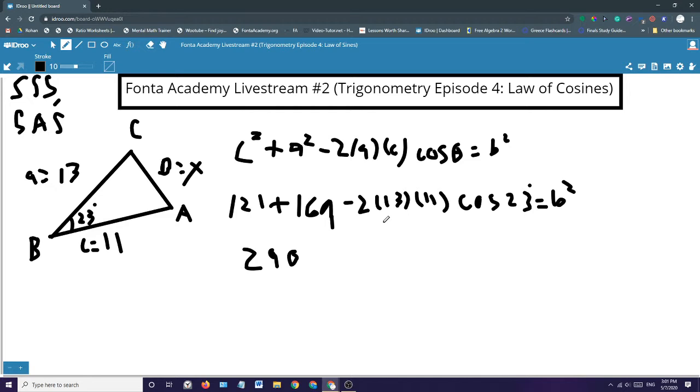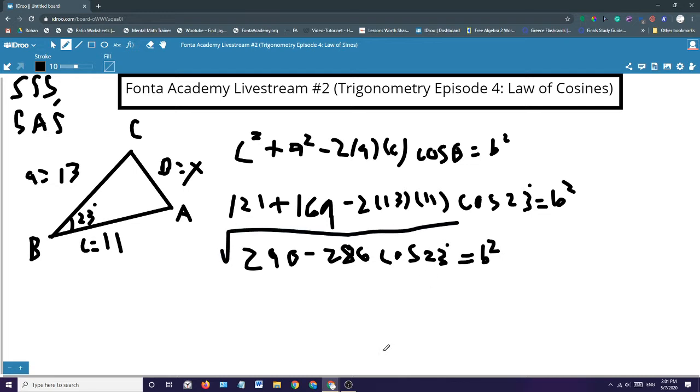And 13 times 11 times 2 is 286, and cosine of 23 degrees, and this equals B squared. But what we want to do is take the square root of this.